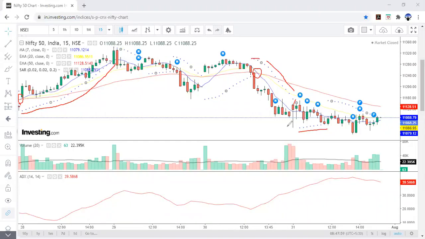Suppose you want to take a position here, then you can identify where the stop loss is, meaning whether the risk is more or not. This type of calculation is also useful when doing a trade, and you can identify whether the stop loss is near or away while entering into the trade.